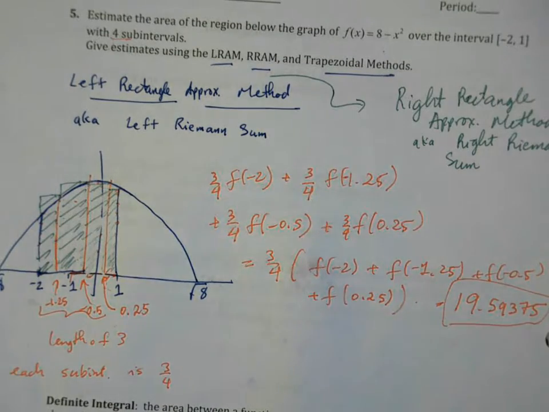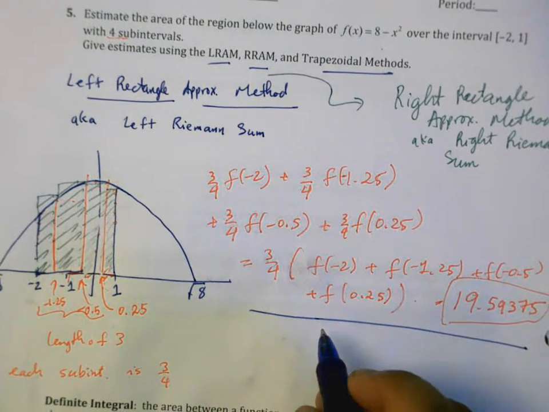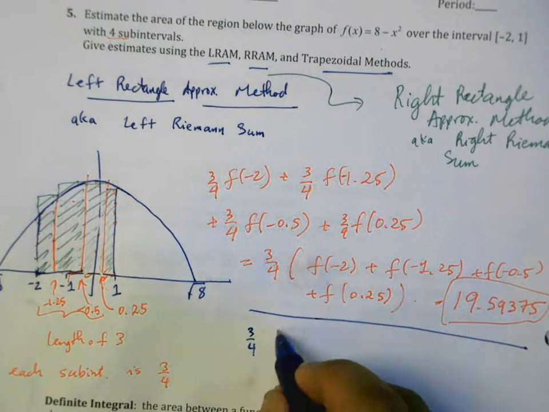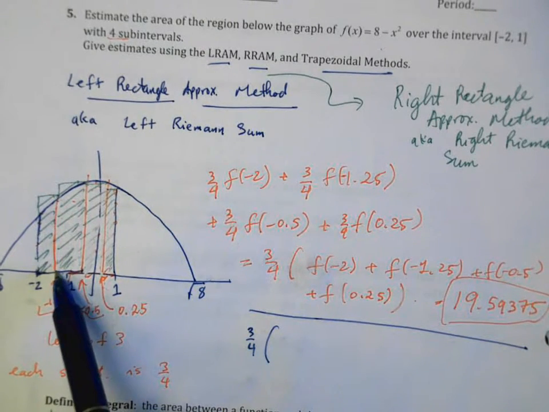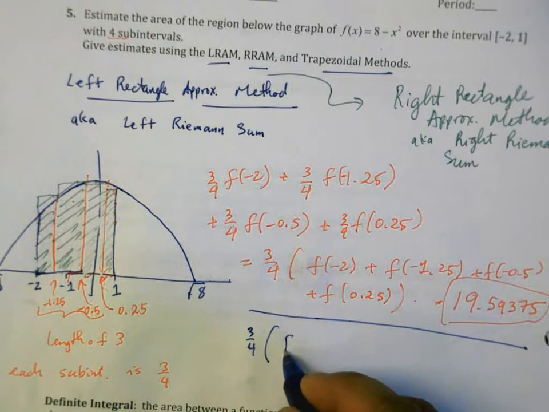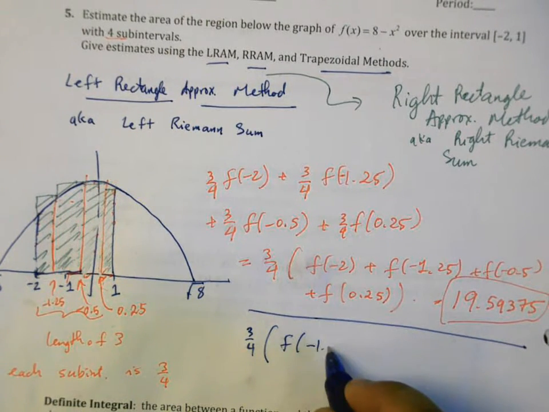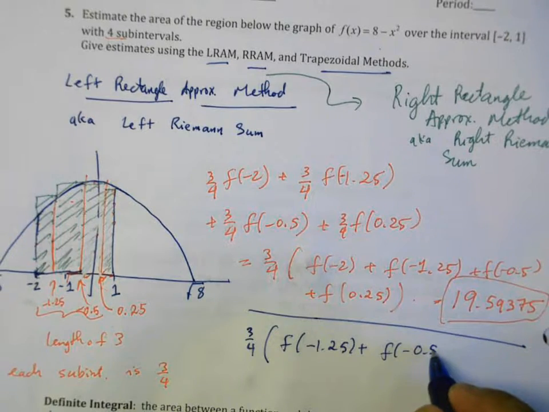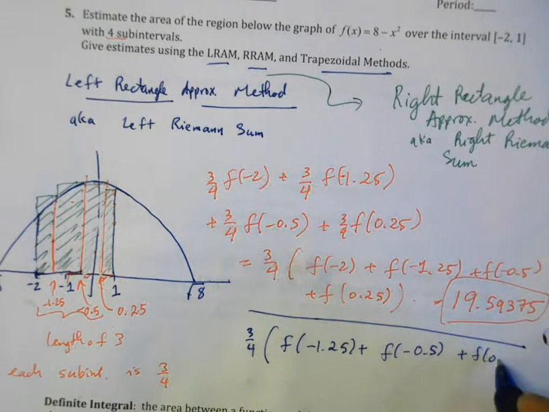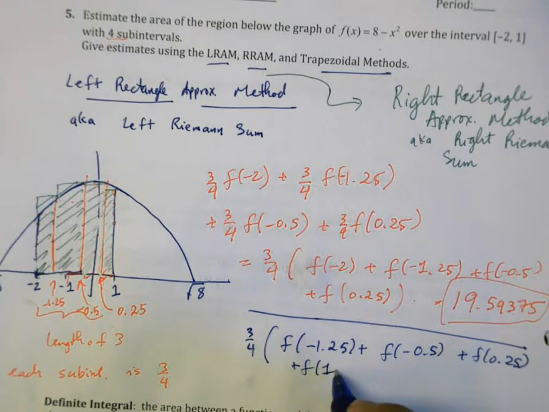And you can see that it's the same thing that we had before, except now what we're going to have is 3/4 times all of the stuff in between, which we're going to keep. So it's going to be f of, instead of negative 2, we don't use that anymore, f of negative 1.25 plus f of negative 0.5 plus f of 0.25 plus f of 1.